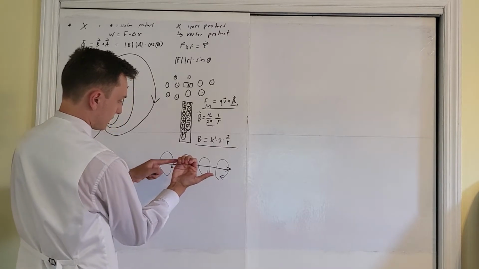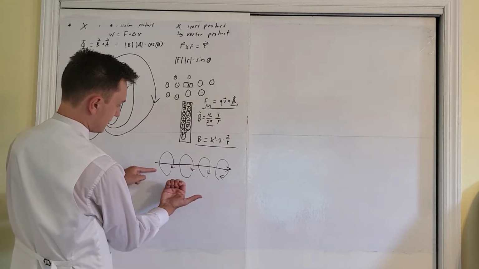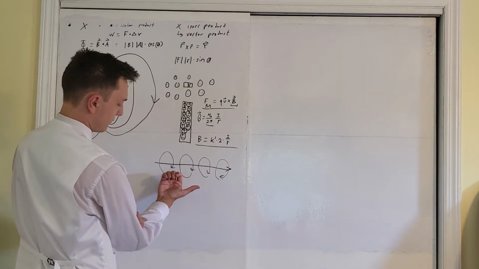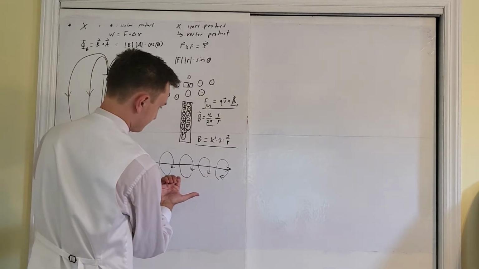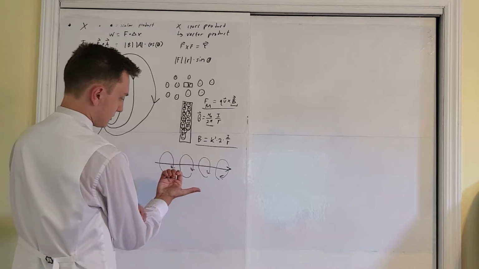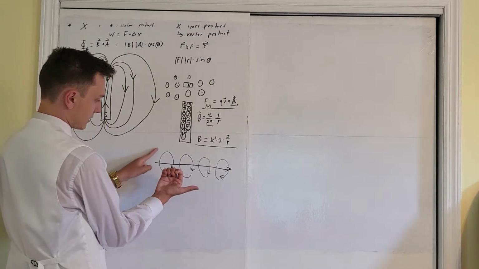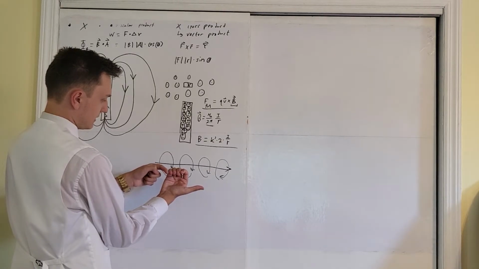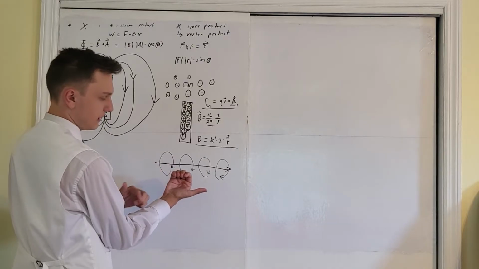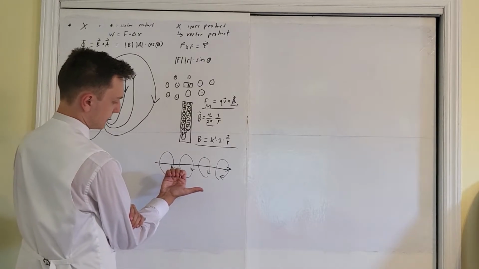Therefore, the curvature of my hand points in the direction which the magnetic field points, okay? So, since my fingers are curving this way, the magnetic field curves this way, such that the direction of the vector is the direction which the tips of my fingers are pointing, as can be seen here.